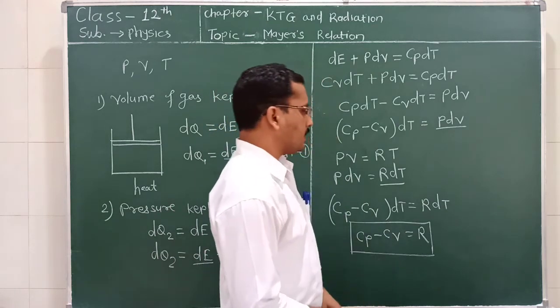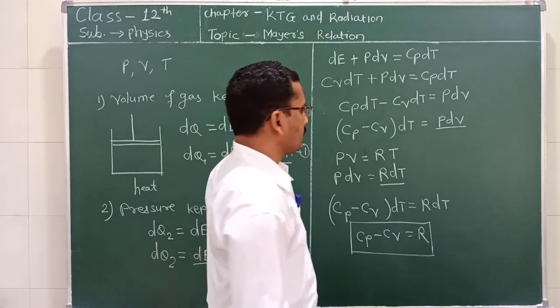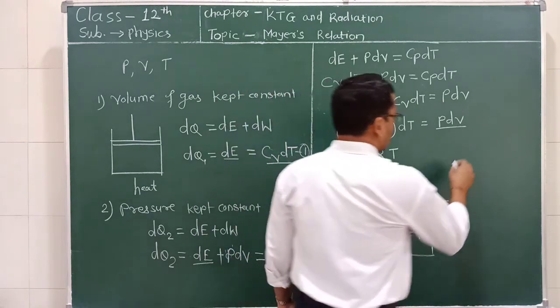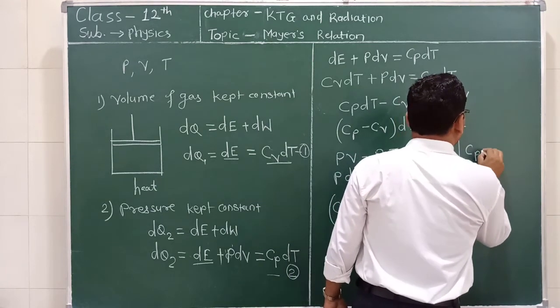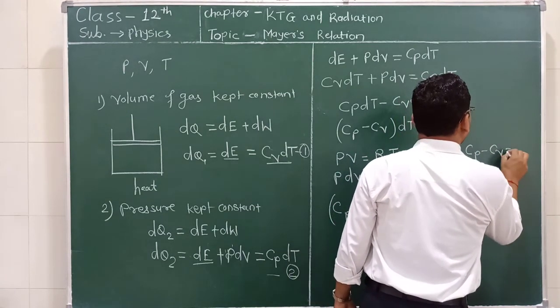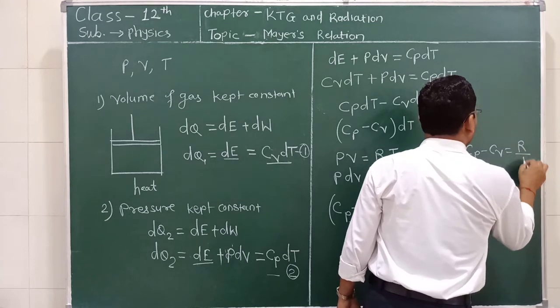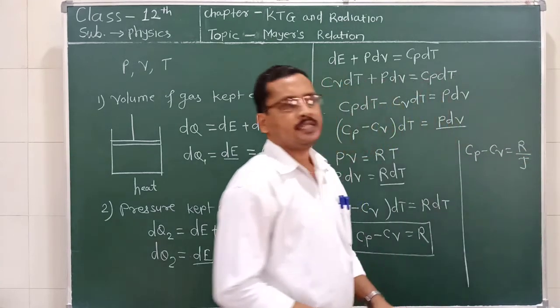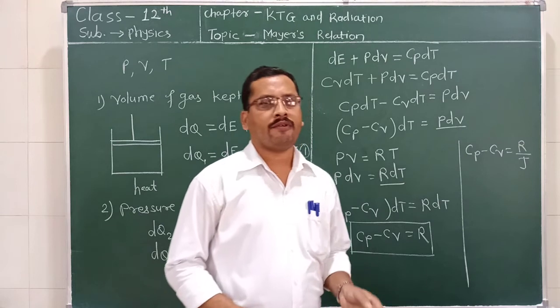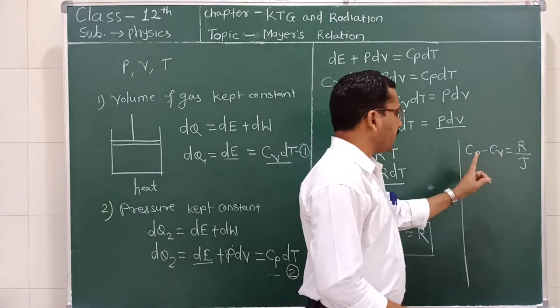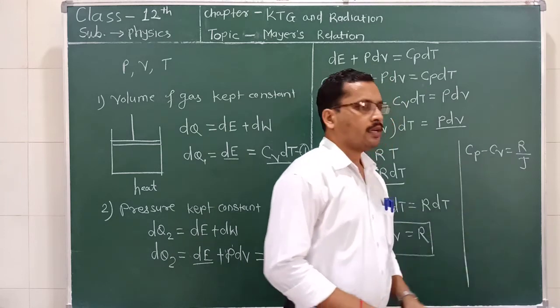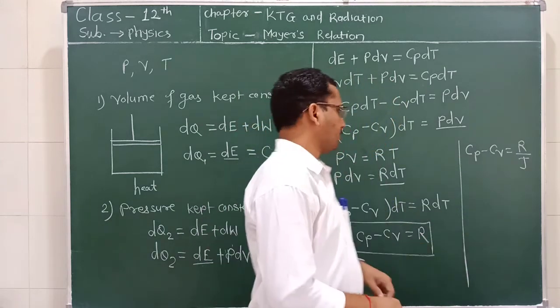So this equation changes when the units are changed. The equation becomes Cp minus Cv is equal to R by J. What is J? J is the mechanical equivalent of heat. So by using this equation, we can determine the difference between the two specific heats.